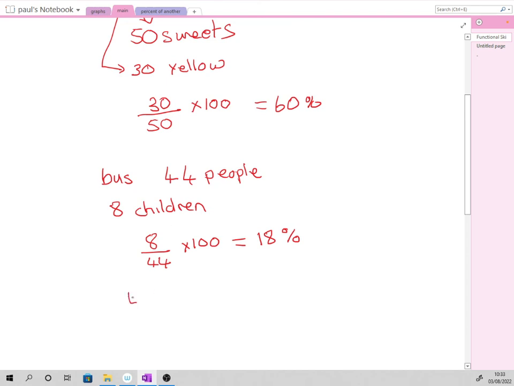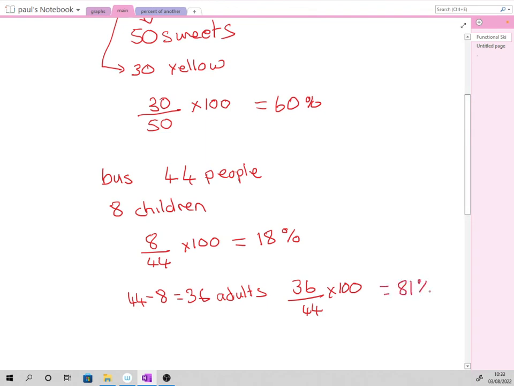So we're going to do 44, take away the 8, which equals 36. So now there are 36 adults. So you do 36 over 44 times 100, and that gives you 81%.